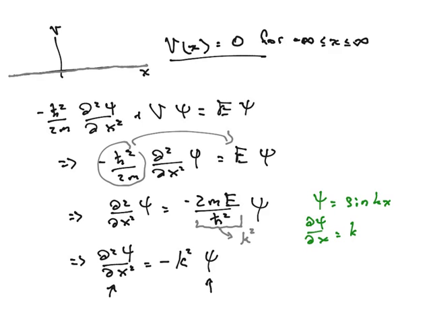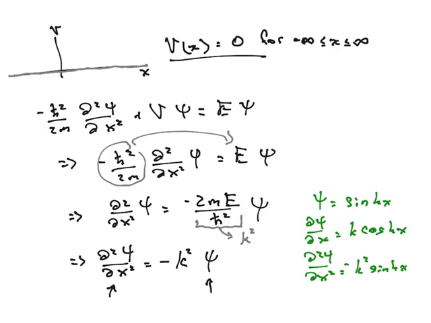Derivative of sine is cosine, so I get cosine kx. Now I take a second derivative. And what happens? I get another k, so I have k squared. Now I take the derivative of cosine. Derivative of cosine is minus sine, so minus sine kx.